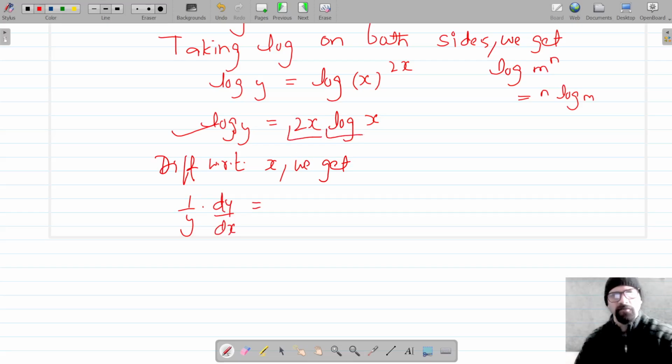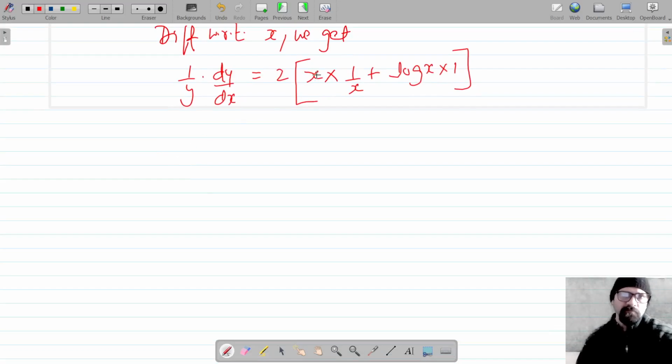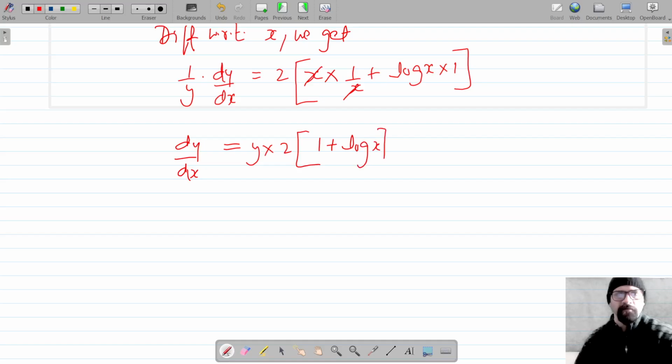And here we are going to use the product rule. I'm going to take 2 out, it's constant. So let's use the product rule for x and log x. This is first function into differentiation of second, which is 1 by x, plus log x into differentiation of first, which is x, so that's 1. This gets cancelled. Finally, I have dy by dx is equal to y into 2 into 1 plus log x.